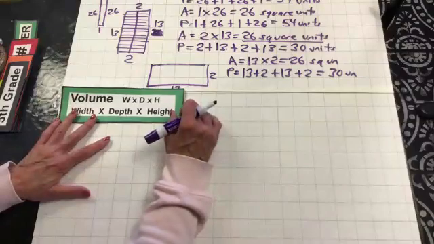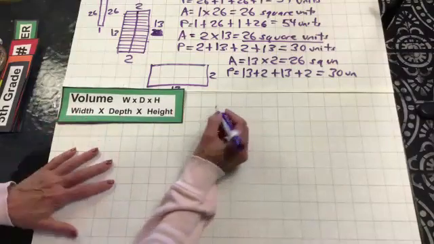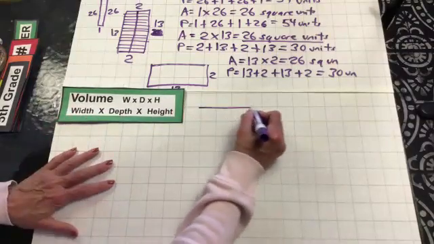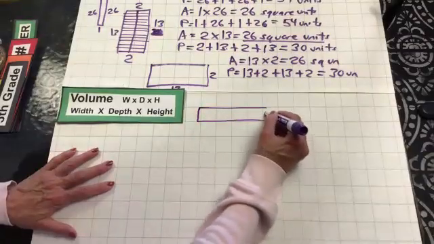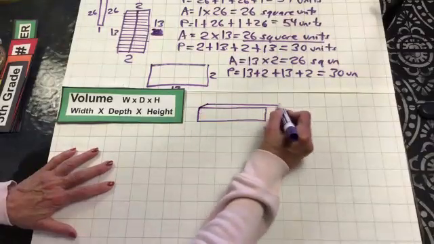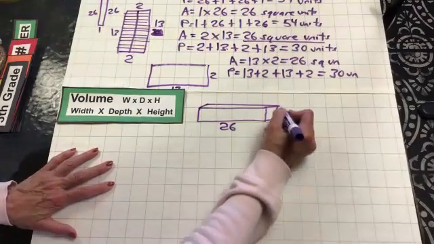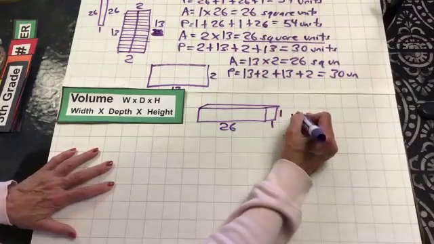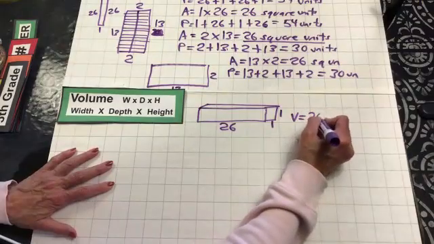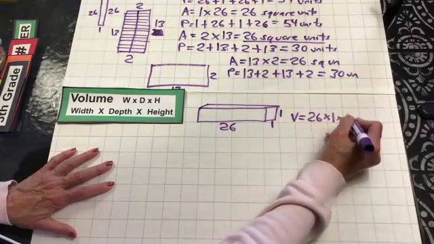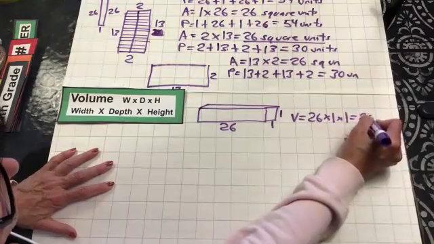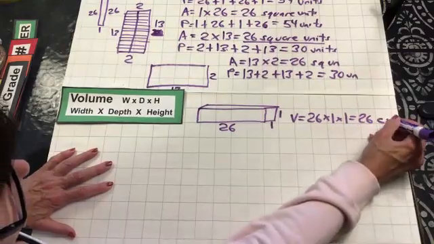Again, we're using the same numbers. So this time we're going to do this long, skinny one. So this is 26 by 1 deep by 1 tall. So this volume would equal 26 times 1 equals 26 cubic units.